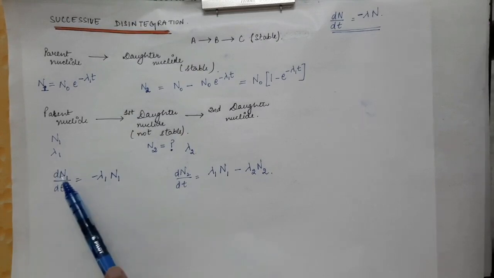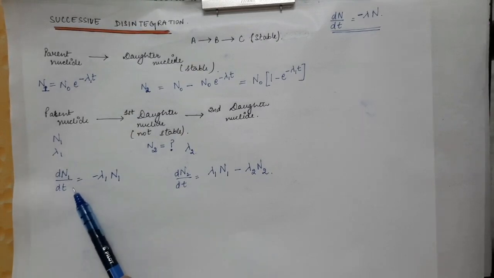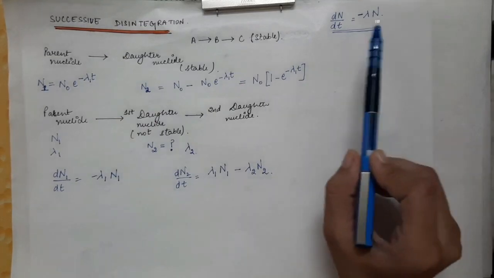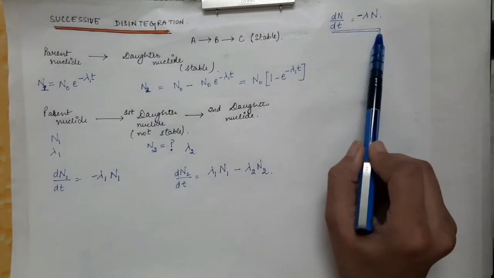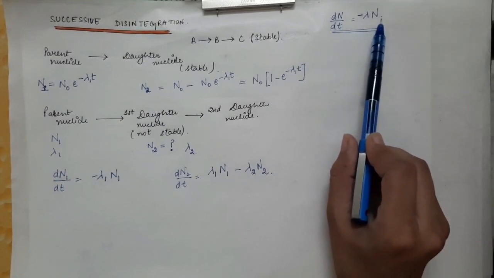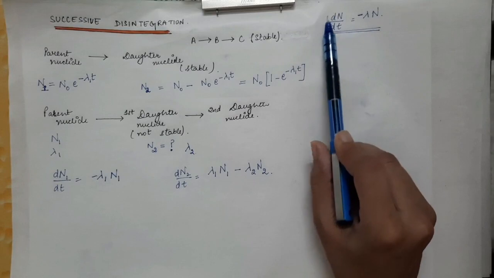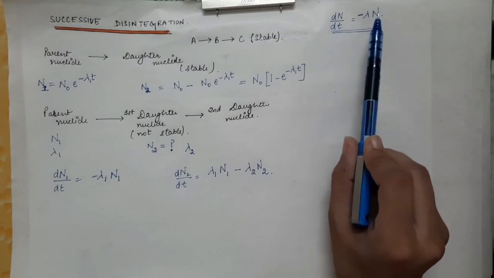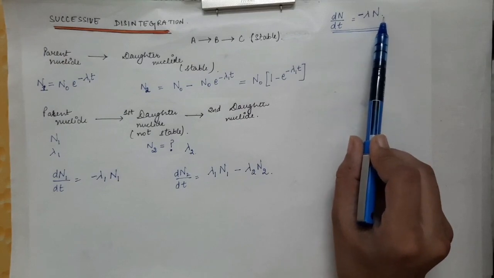The activity, or you can say dN1 by dt, which is the rate of disintegration, is given by minus lambda into N. This formula we had done in previous lectures, that dN by dt is equal to minus lambda into N. So this disintegration rate depends upon the number of nuclides present in the sample at that time.